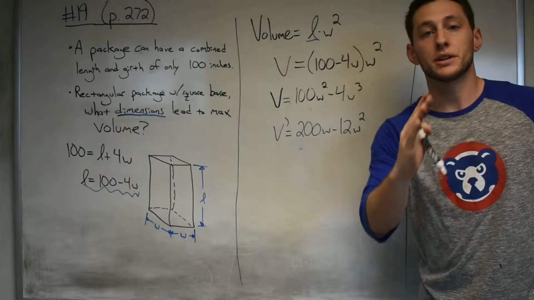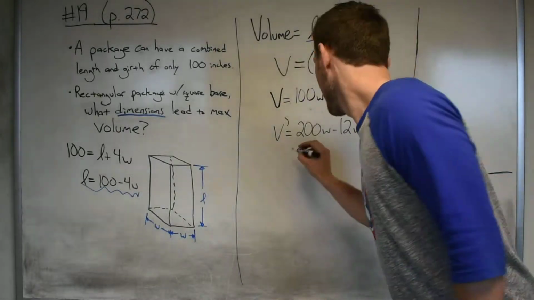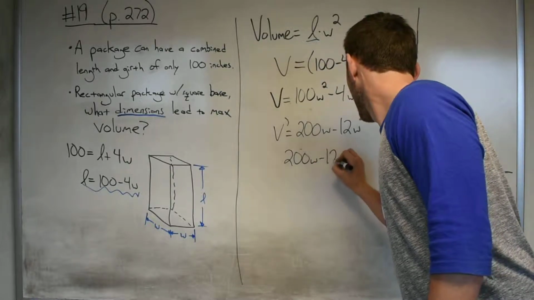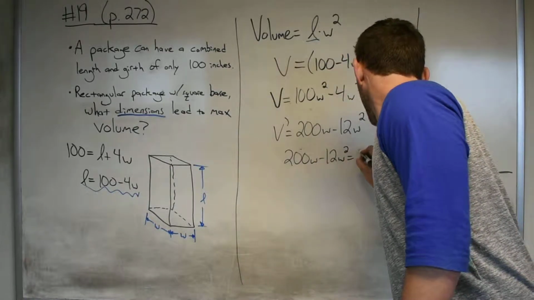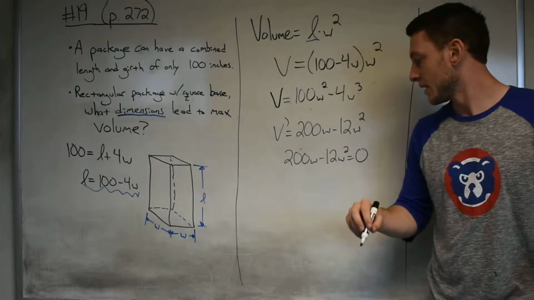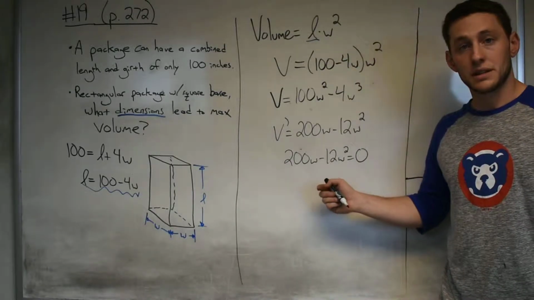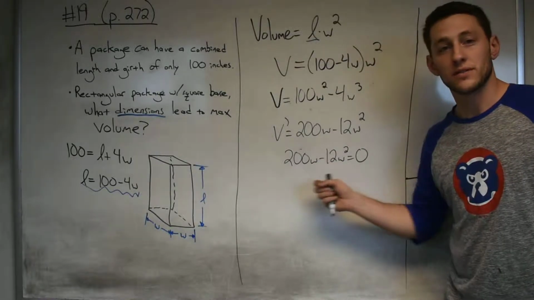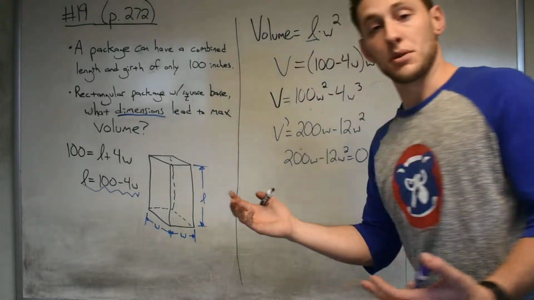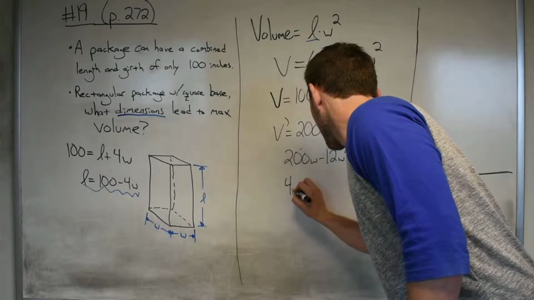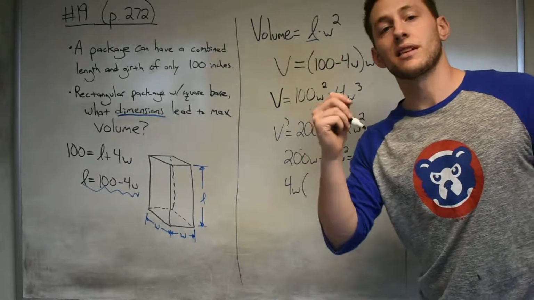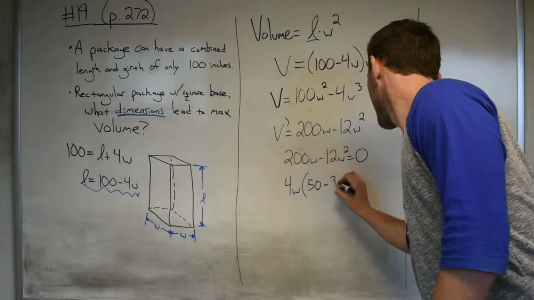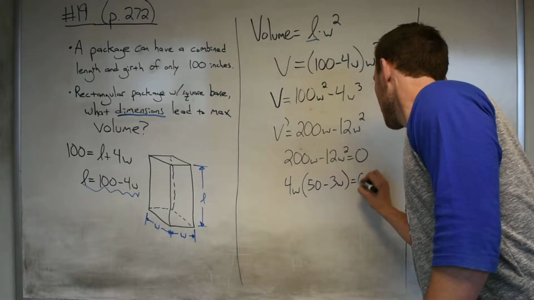Now maximums only occur at critical values, so my next step is to find the critical values. Now I'm going to factor this a little bit to make it look nicer. If you see, we can actually factor out a 4 from each of these and a W as well. So what we end up factoring out is a 4W, and what's left over is 50 minus 3W.